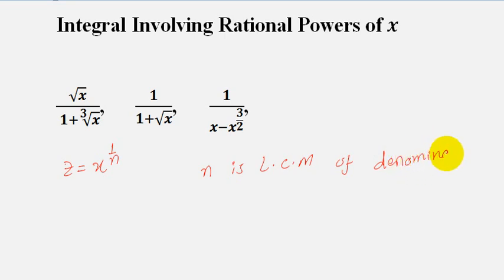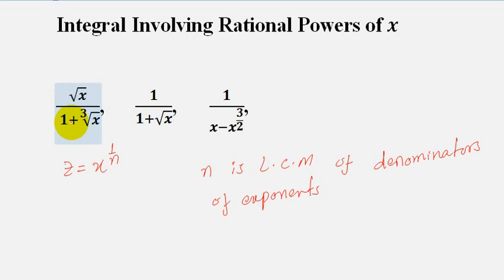N is least common multiple of denominators of these exponents.